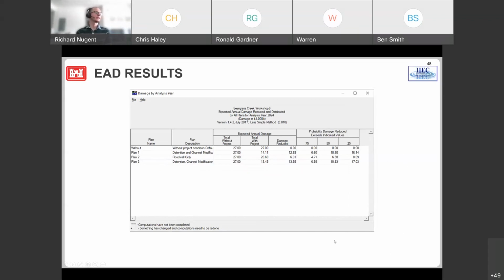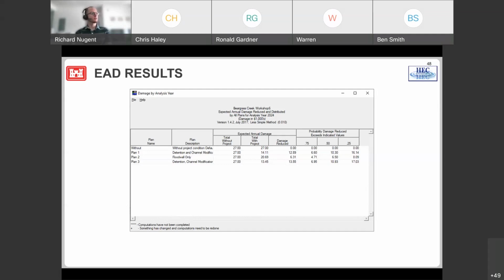This is for all plans by analysis year 2024. Expected annual damage is sort of a static estimate. So we look at total without project damages, total with project damages, take the difference, and that gives us damage reduced. But we also get a damage reduced distribution.